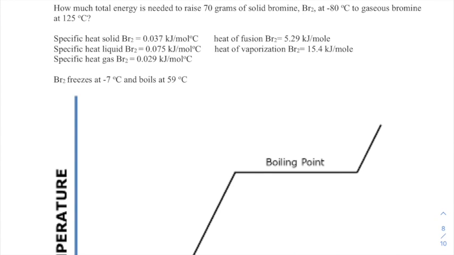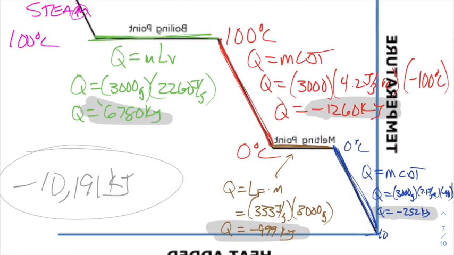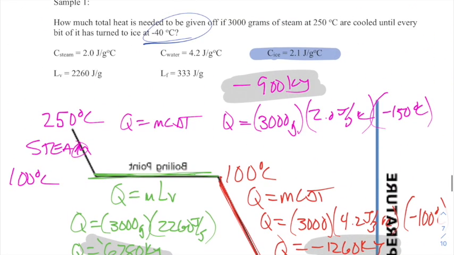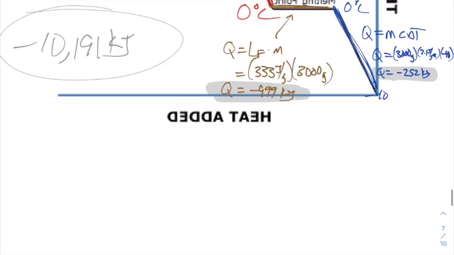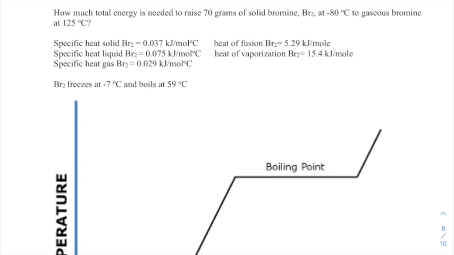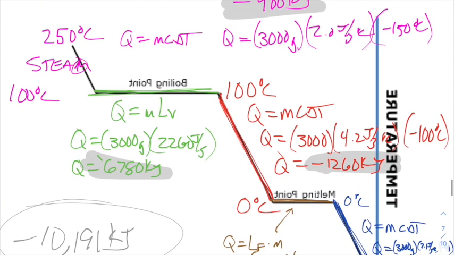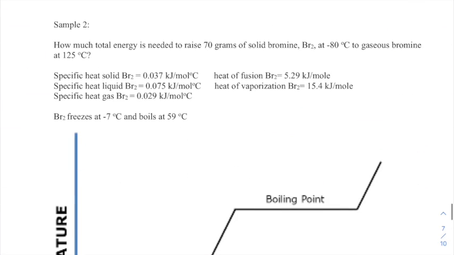Problem number 2 is very, very similar to problem number 1. The only difference is that instead of dealing with water like we see here, we are going to be dealing with bromine. And instead of cooling it like we did in problem number 1, we are going to be heating it. That's here.